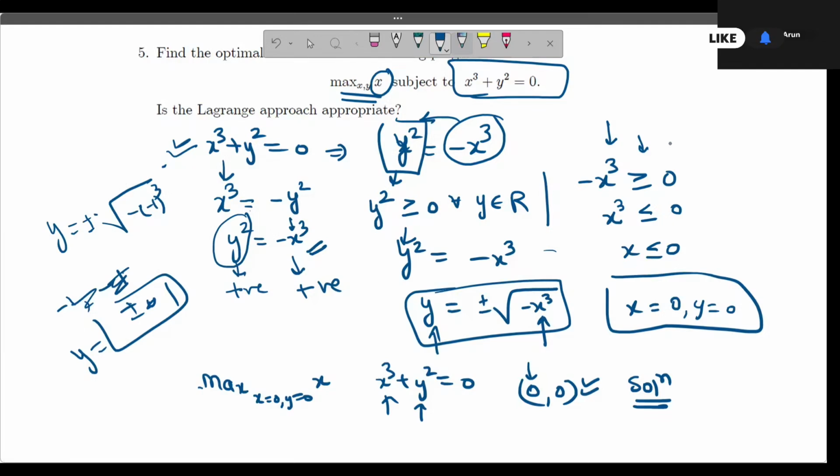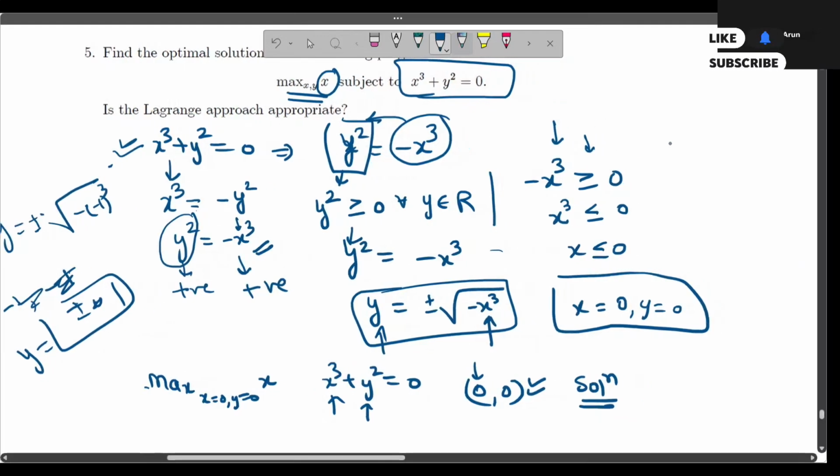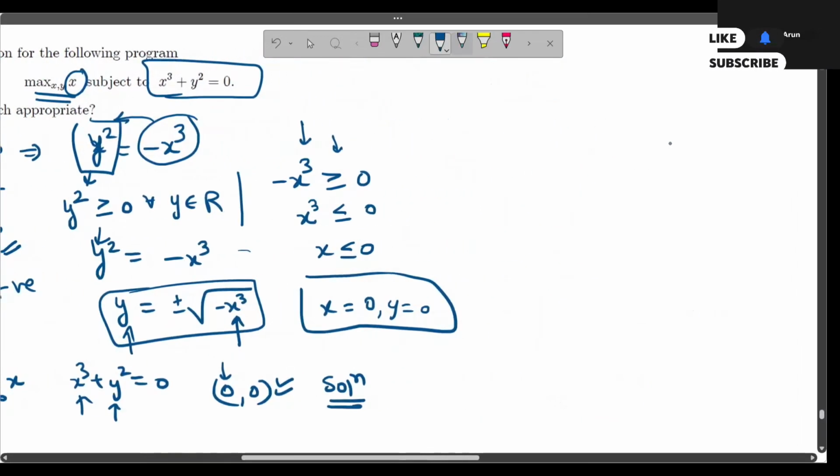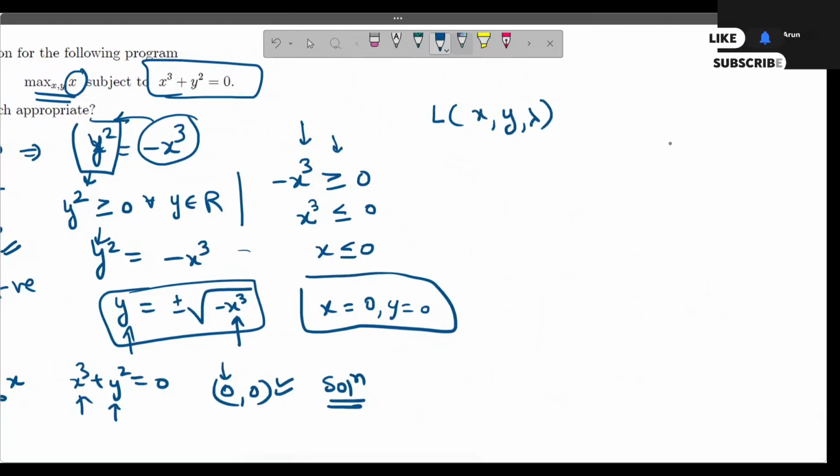Now the question is also asking, is the Lagrange approach appropriate? So that means I have x, y, and lambda. I'll substitute the function, which is x only, and then 0 minus x cube minus y square.